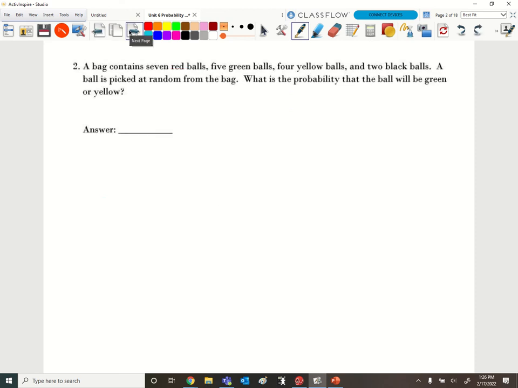Next one, same question. What is the probability that the ball will be green or yellow? Or is my keyword. Okay? What does my keyword mean here? I'm going to add them together, right? So the or keyword is adding. So again, how many balls are there? 18. There's 18 to start off with. And my first one's going to be green. How many green do I have? 5. Plus, now my other one is going to be yellow.